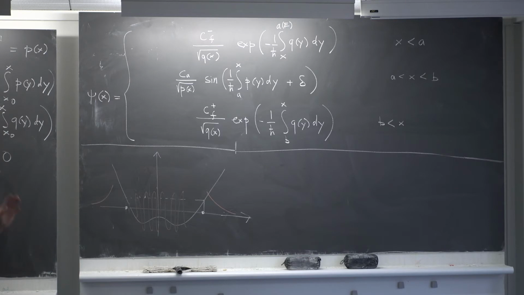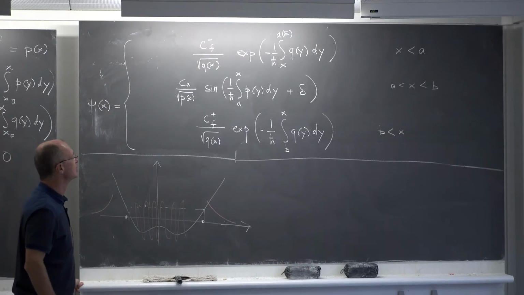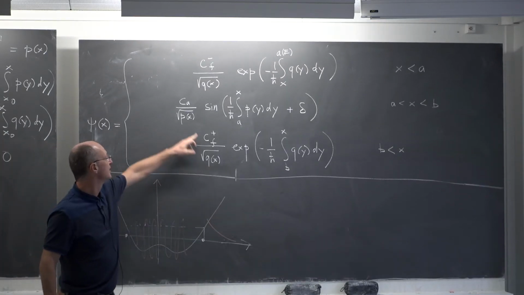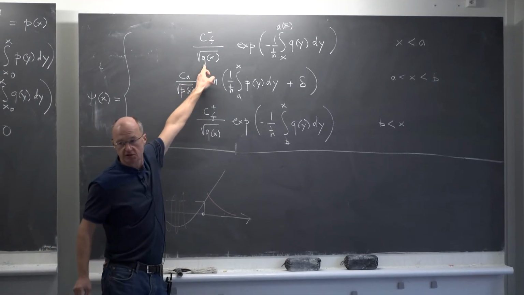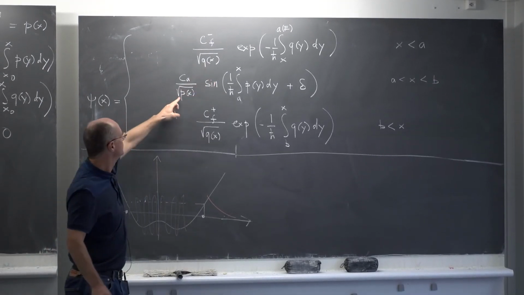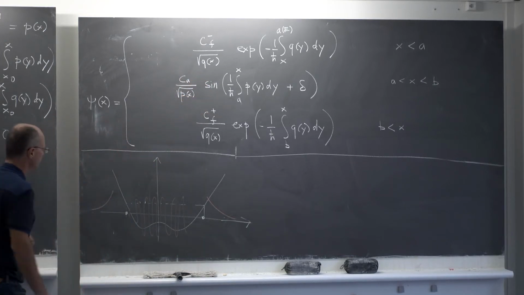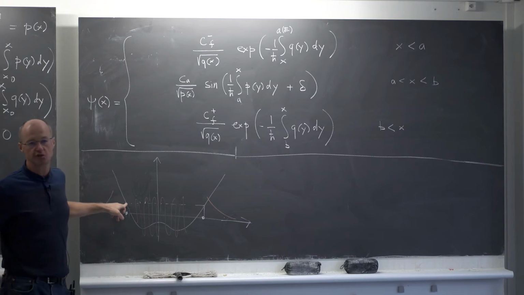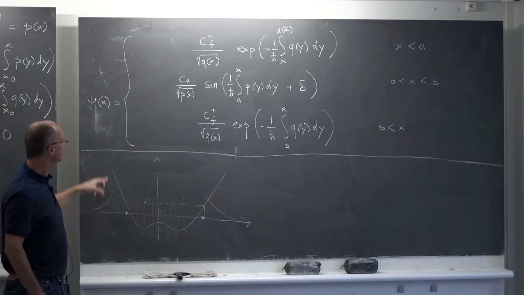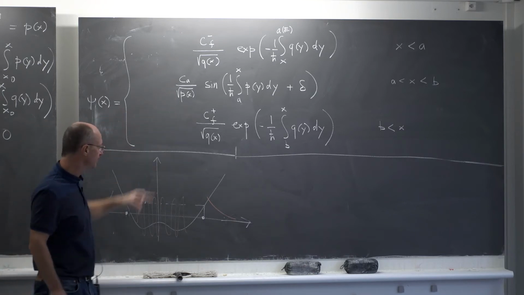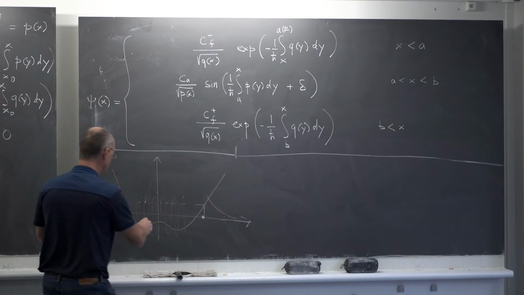Now, that's all very good, but there is one small problem with this story. You see there are those square roots, right? And p of x and q of x, these are the functions which are equal to 0 at the turning points, right? So in fact, those functions that are right here have the following problem.